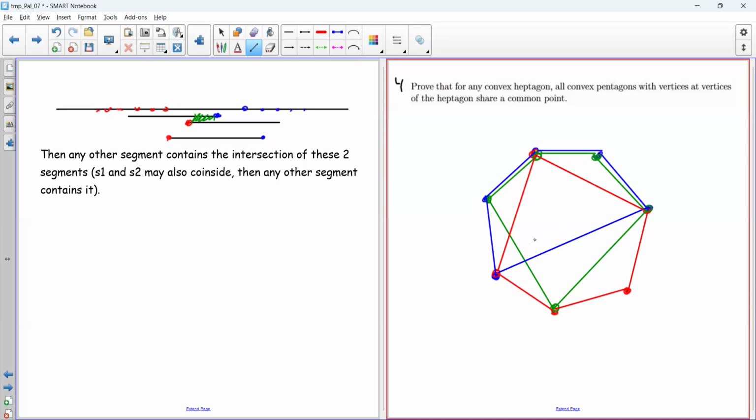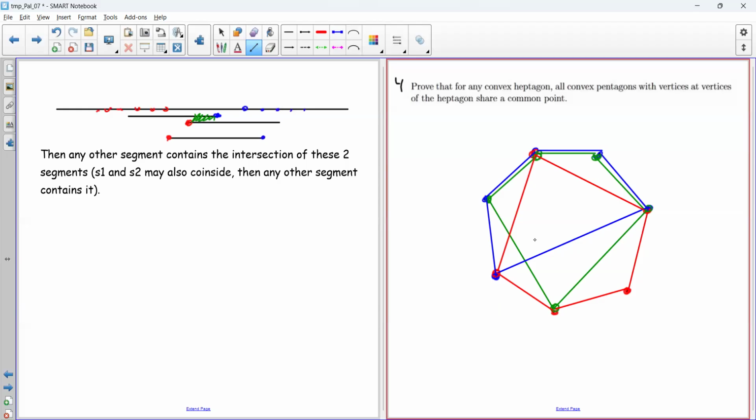And absolutely not clear what about the general situation. So what would be the limitation for drawing these pentagons, especially accounting for the fact that I drew this as almost a regular heptagon, at least close to a regular heptagon, but it was never mentioned in the task.